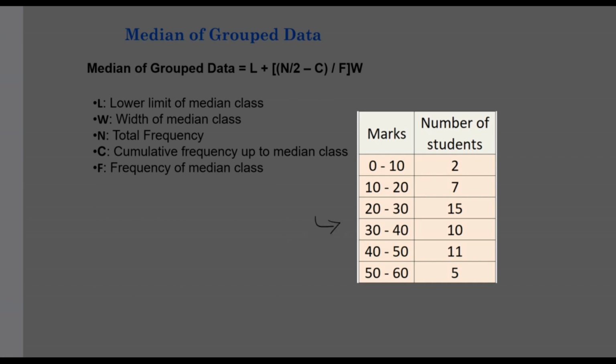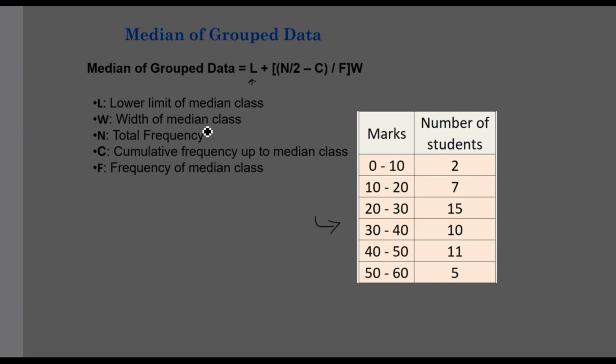The equation for finding the median for grouped data is L plus (n by 2 minus C) divided by F, the whole thing multiplied by W. We calculate this term and then add that value to L. So what is L? L is the lower limit of the median class.